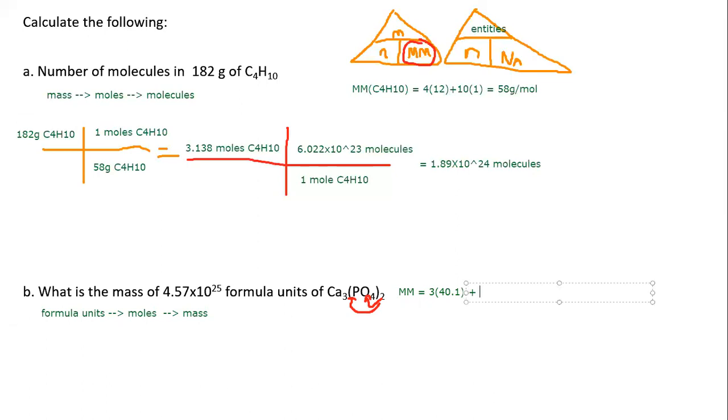So plus 2 times the molar mass of phosphorus, 31, plus 8 times the molar mass of oxygen, 16. I get 310.3 grams per mole. Let me double check.